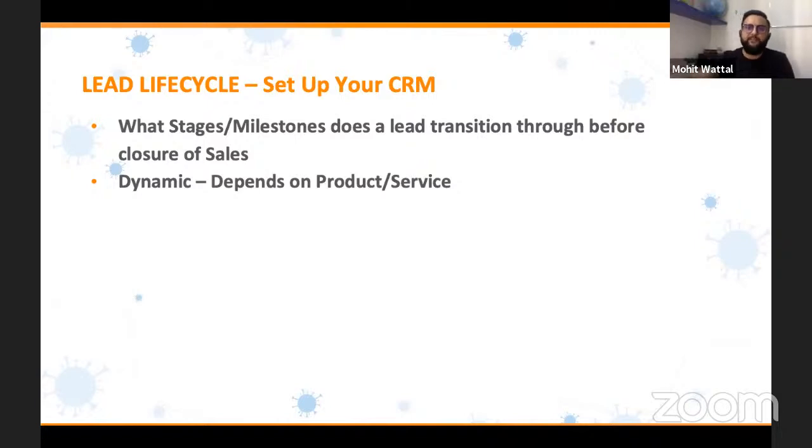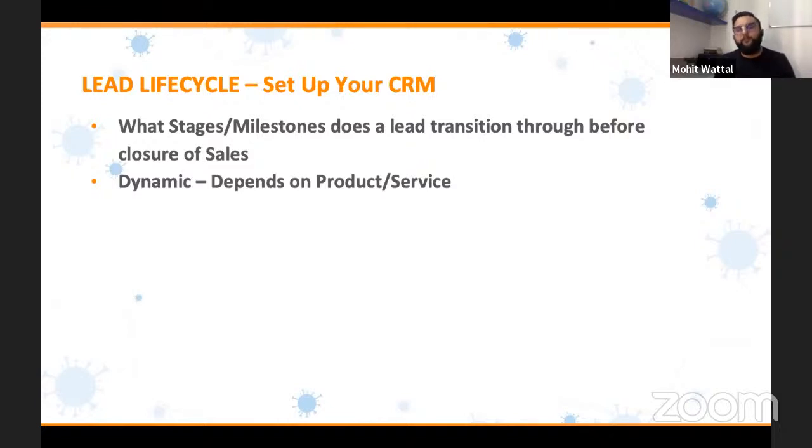If I visit a campus, the campus knows that I'm really interested. I might visit five more, but the probability of choosing that campus is higher, because you only visit a campus when you're interested. So understanding your lead life cycle is very important.